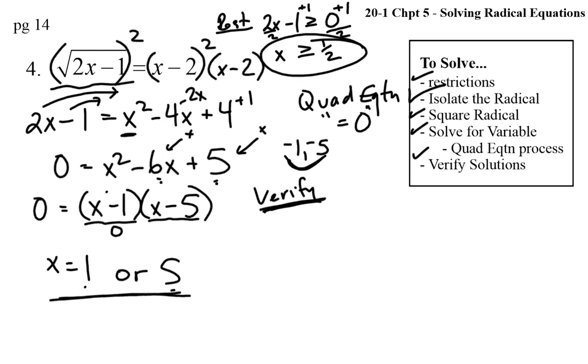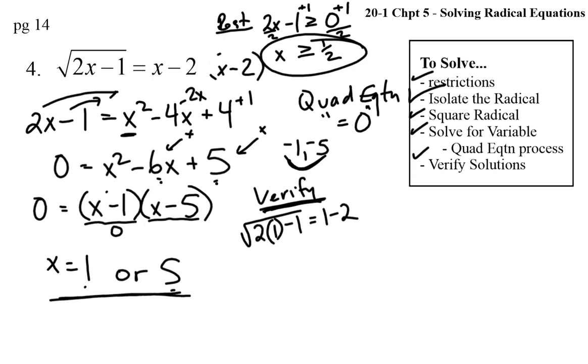So how I would verify and expect it, well, here's the original question. We have the square root of 2 times x minus 1 should equal x minus 2. Because that's what our original question was, and we always verify in the original question.